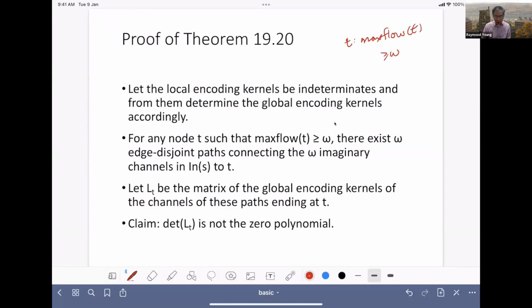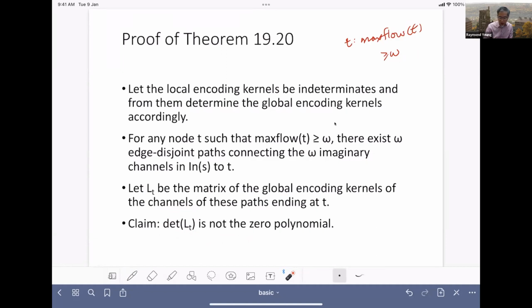Now, here I make a very important claim. I claim that in the network, for any T such that the max flow is greater than or equal to omega, the associated determinant, where L_T is the matrix formed by putting all these input global encoding kernels at node T together, is not the zero polynomial.